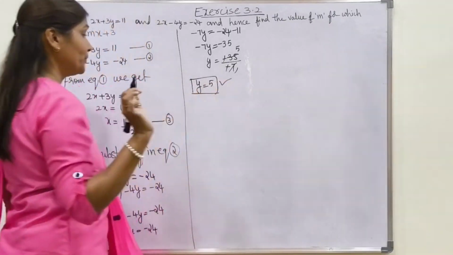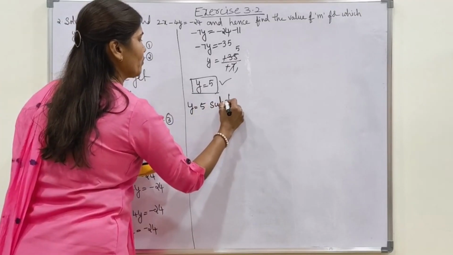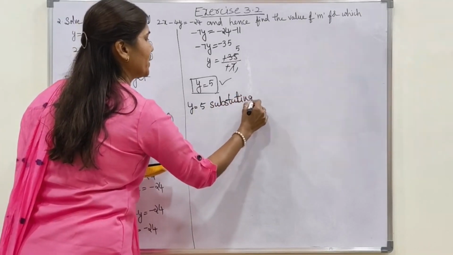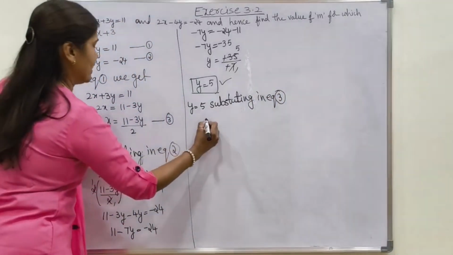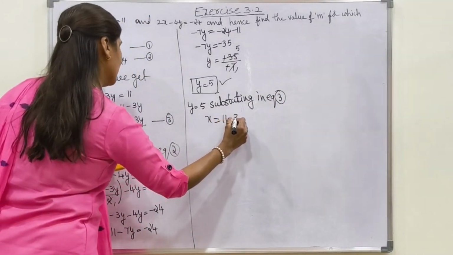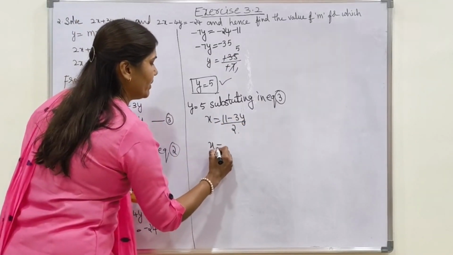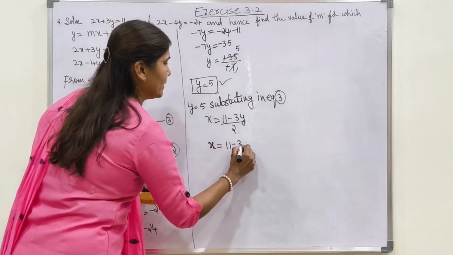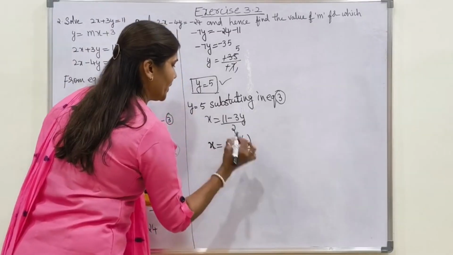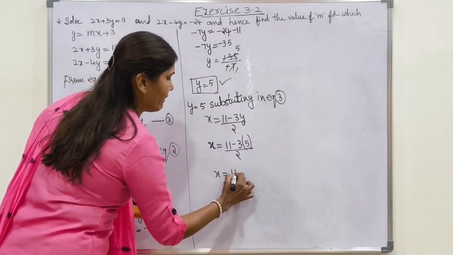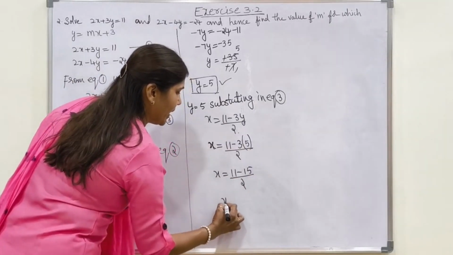One answer you got. Now, y = 5, substituting in equation 3, x = (11 − 3y)/2. So x = (11 − 3 into 5)/2. 3 fives are 15, so x = (11 − 15)/2.